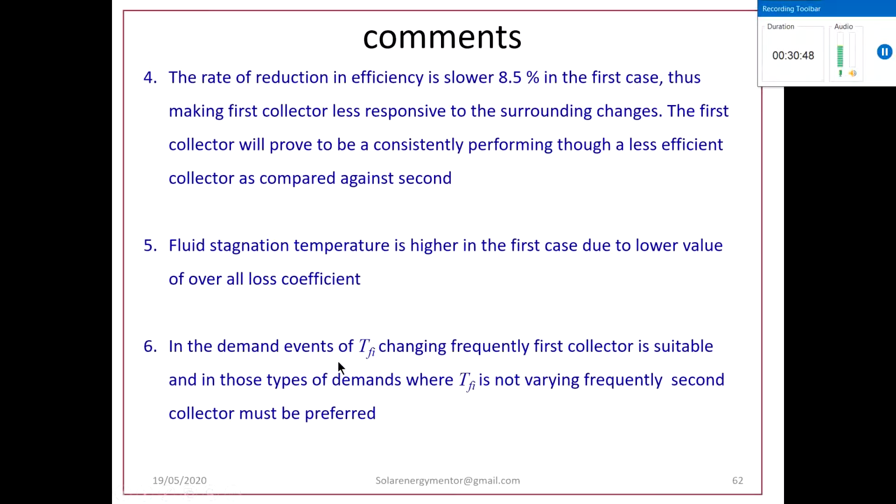And in those types of demands where TFI is not varying frequently, the second collector must be preferred.